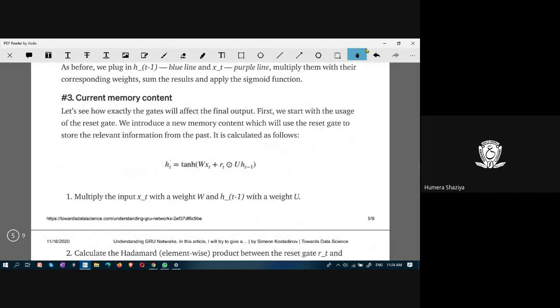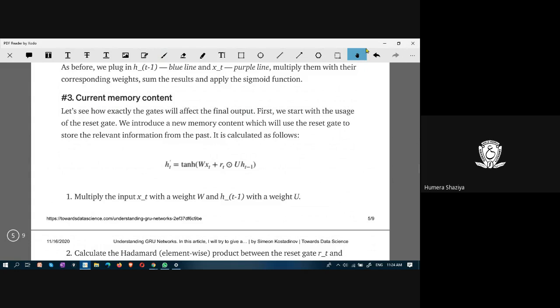And then from this it is determined what information the memory contains in the present unit. And how is that calculated? That is calculated from this weight into xt, again input weight, plus some operation. RT is the output of the reset gate.